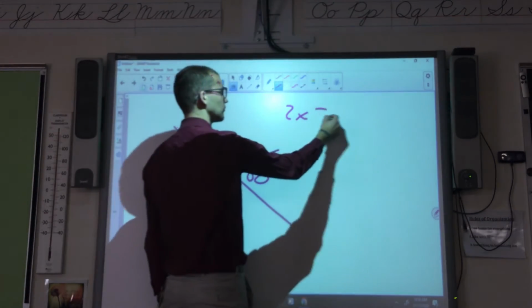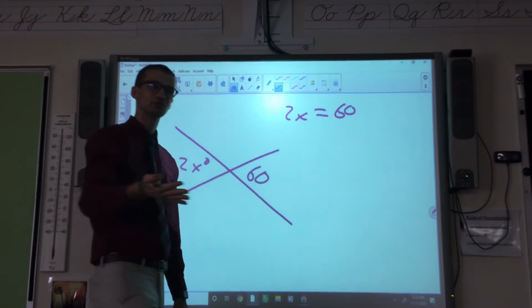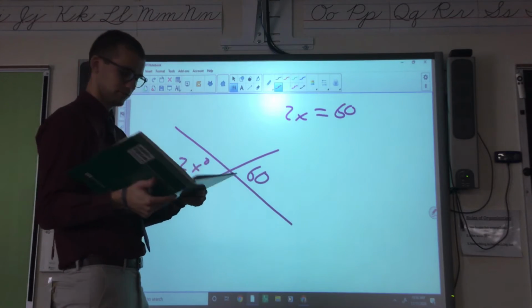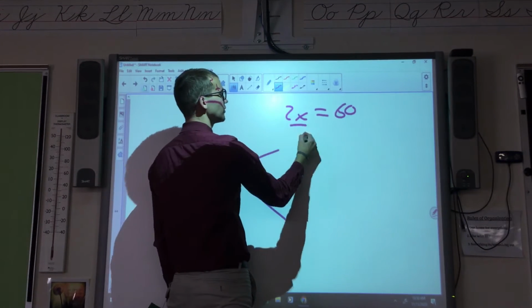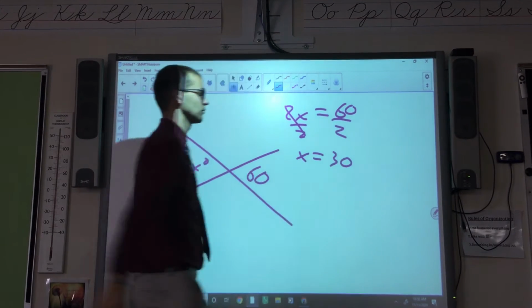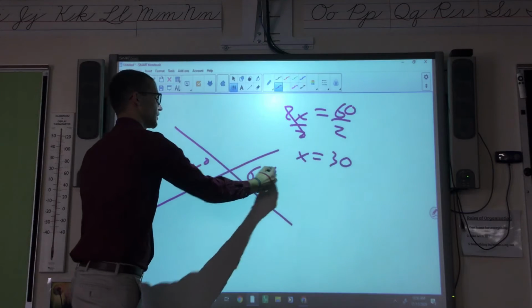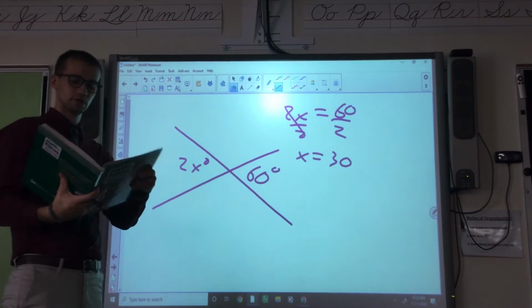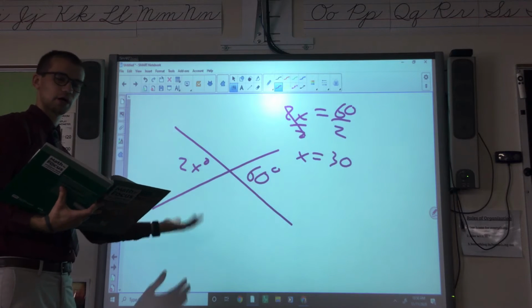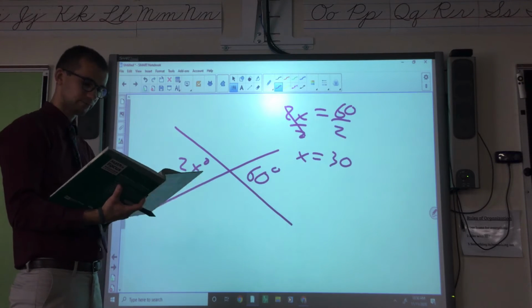Yeah, so let's set up an equation for me. You like to jump ahead of the equations? Can you work with me on this? Yeah, so you set up the equation 2x equals 60, divided by 2, x equals 30. Yes, 30, because the degree sign was already on there, so that means that x is just going to be 30, not 30 degrees. 5 works the same way. You set 120 equal to 3y.